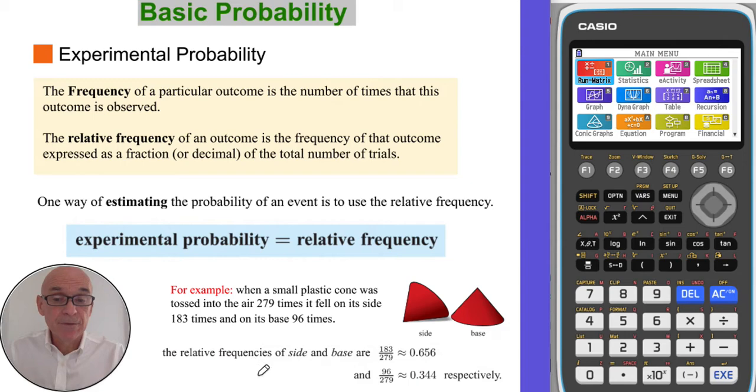So the relative frequency of lying on its side would be 183 over 279, which is 0.656, and the relative frequency of landing on its base would be 96 over 279, or 0.344. In the absence of any more data, those would be our best estimates of the probability, and we call that the experimental probability.